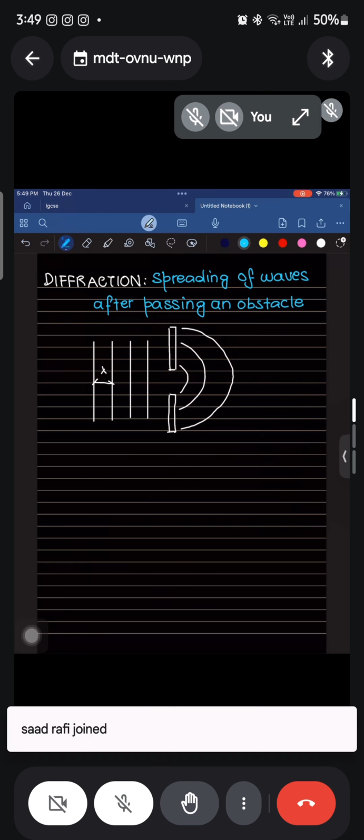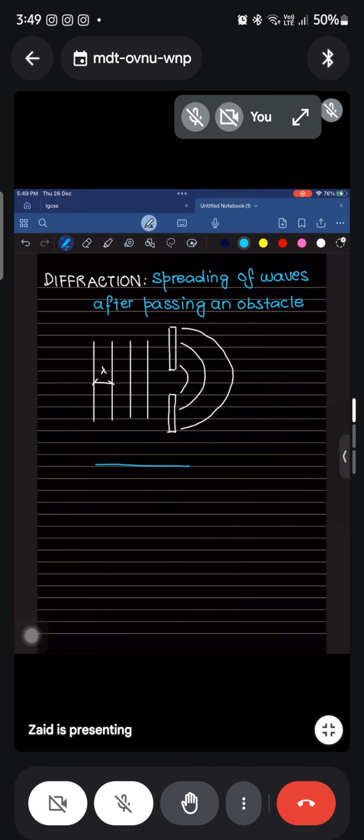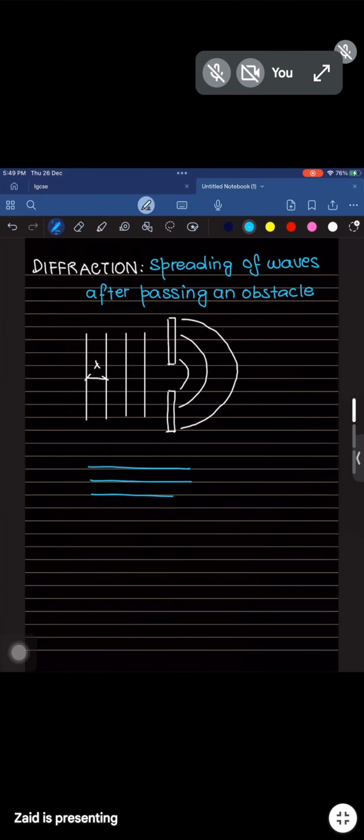Sometimes, like this, the direction of wave motion was like this in this case, and now it's coming like this.